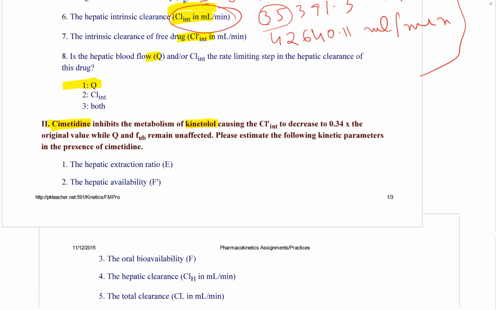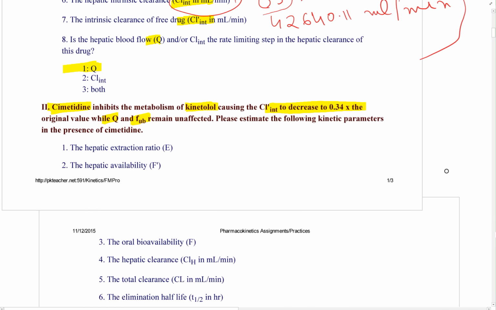Because of the presence of cimetidine, cimetidine decreases the intrinsic clearance of free drug by 3.4-fold, although Q, liver blood flow, and FUB, the fraction unbound, remain unchanged. Now we have to calculate the hepatic extraction ratio, hepatic availability, and all other parameters. Now let's do those calculations.